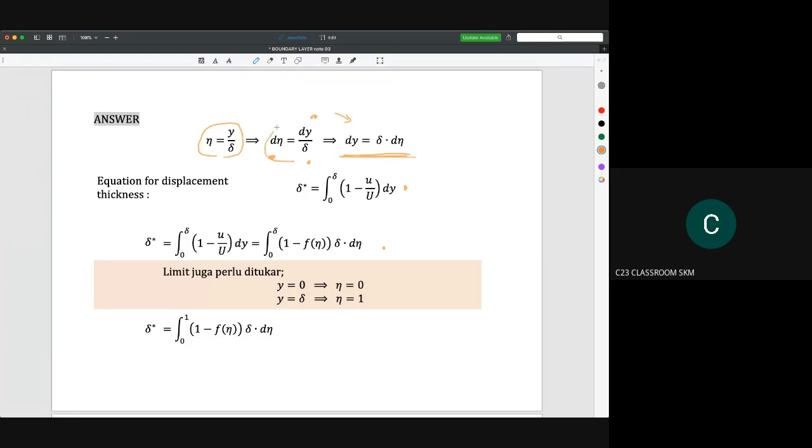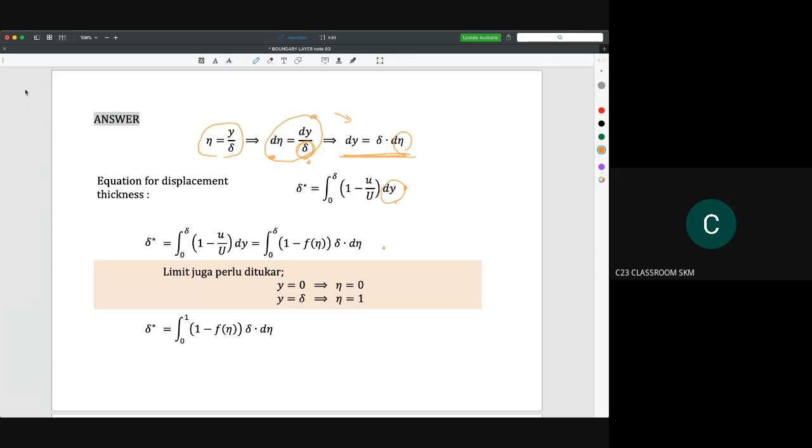Please make sure you write d eta equal to dy over delta, because delta here is a fixed amount, so we do not have a d delta. We have d eta and dy because we want to relate eta and y. That is the reason. I hope you could understand.